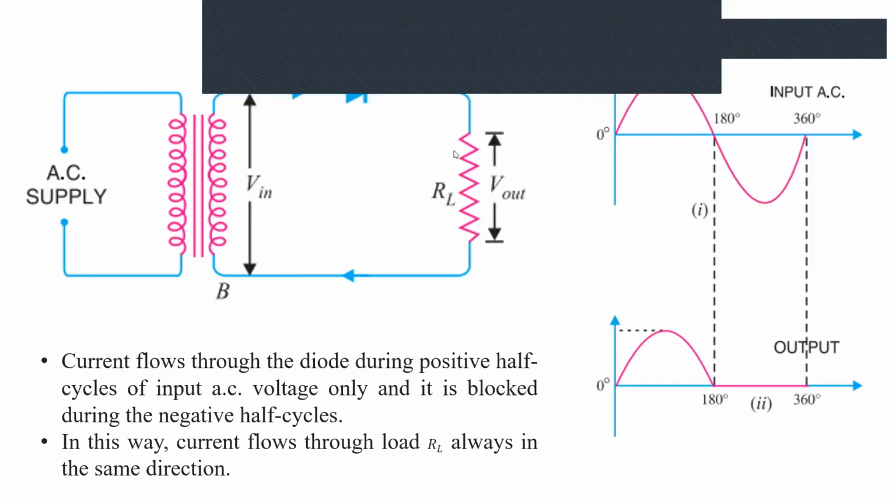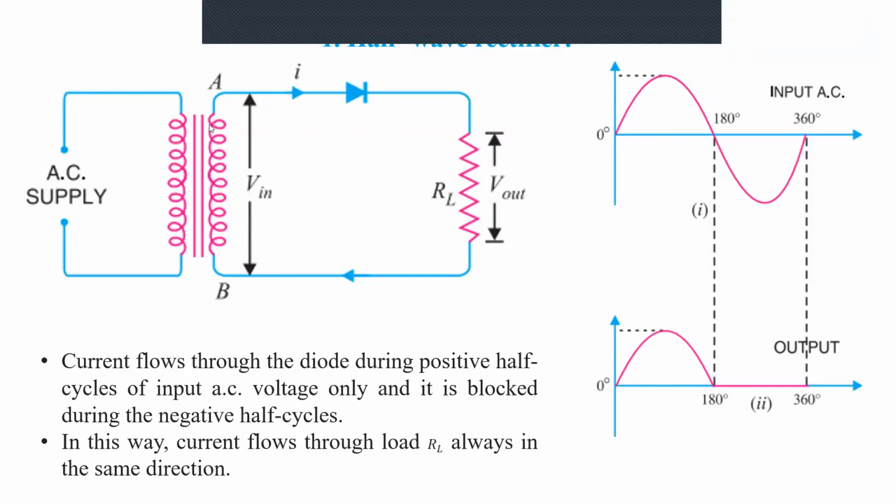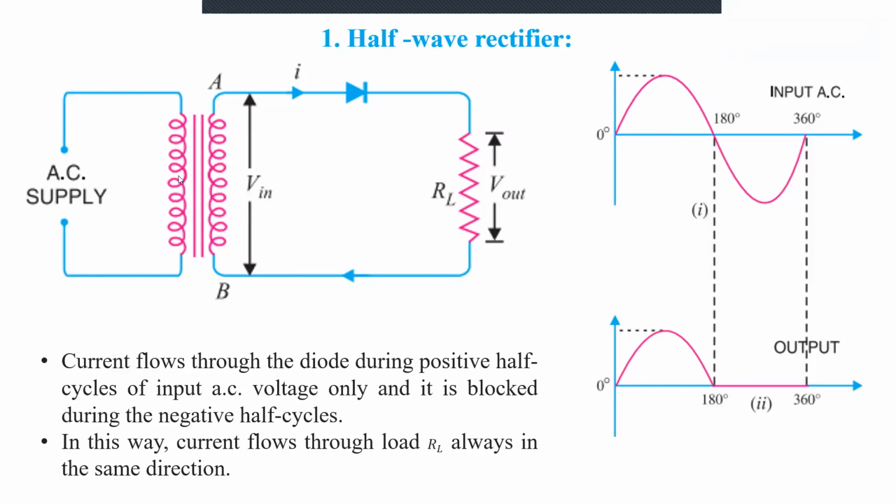This half wave rectifier makes use of a single diode connected to the input AC signal. The AC supply is connected to a transformer, which may be a step-down transformer, containing a primary coil and a secondary coil.